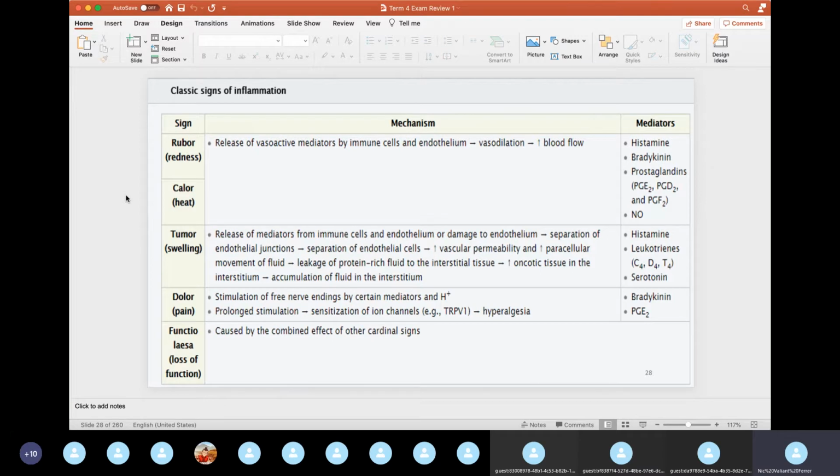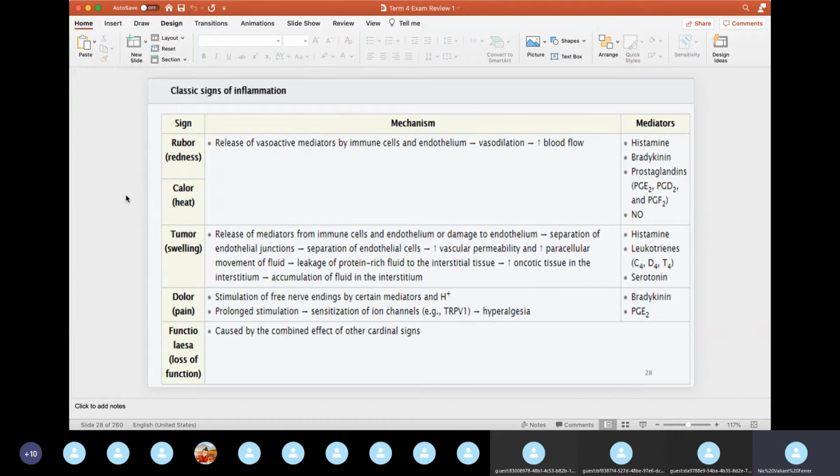If I damage a tissue, I increase the vascular permeability. There's leakage of protein-rich fluid from the PCV, post-capillary venules, into interstitial space, thereby forming an exudate. Therefore, if there's protein in the interstitial space, what happens to the oncotic pressure? I increase the interstitial oncotic pressure.